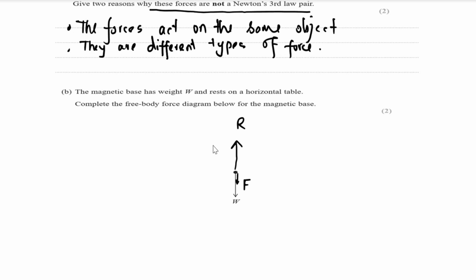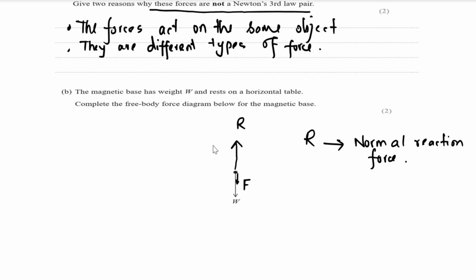So there are a total of three forces. One is R, the normal reaction force. What is normal reaction force?